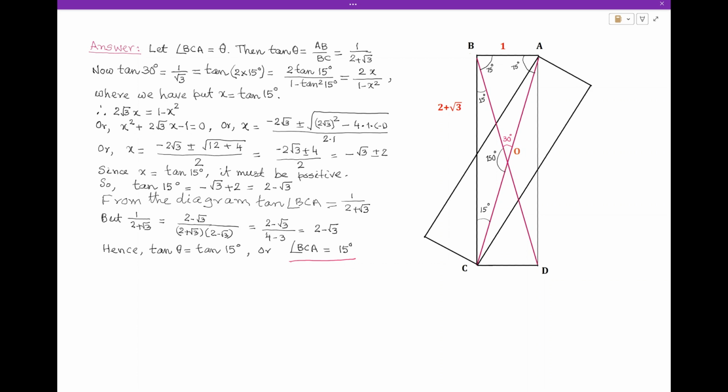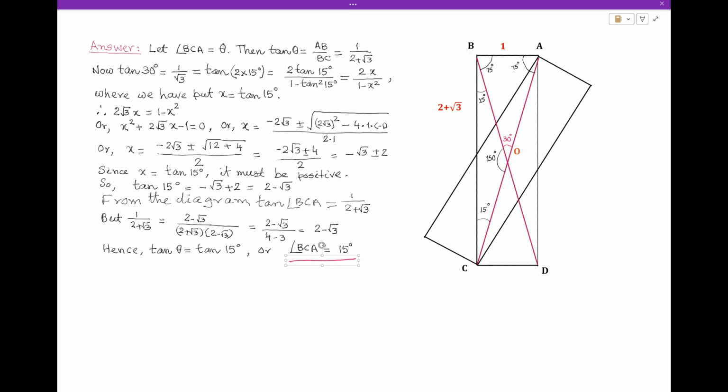This is a quadratic equation in x with coefficient a is equal to 1, b is equal to 2 root 3 and c is equal to minus 1. Therefore, x is equal to minus b plus minus root over b square minus 4 into a into c, divided by 2a.